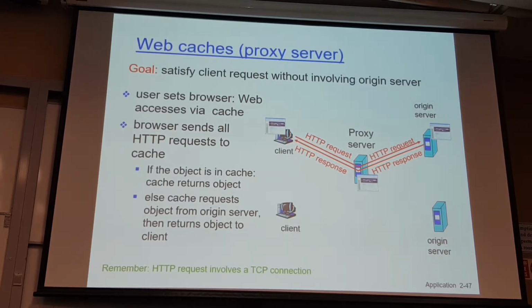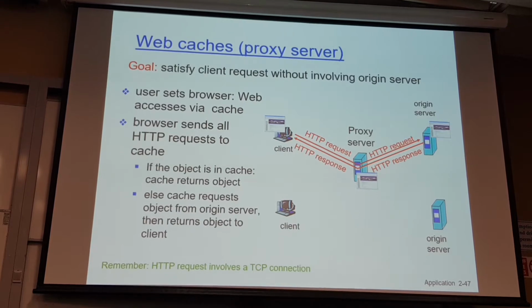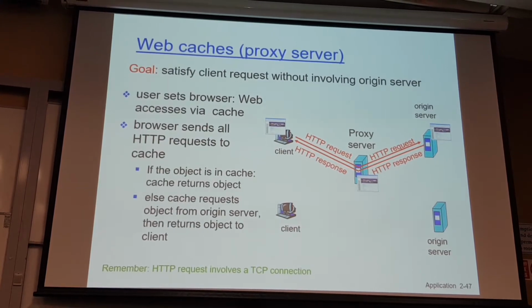A proxy server is a network entity, typically a simple PC, a simple Linux workstation that runs some open source proxy server program that satisfies web HTTP requests on behalf of an origin server.